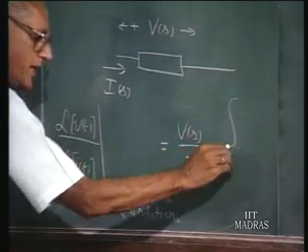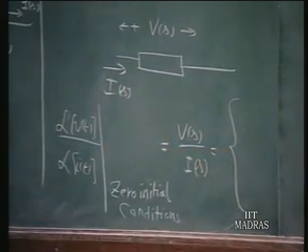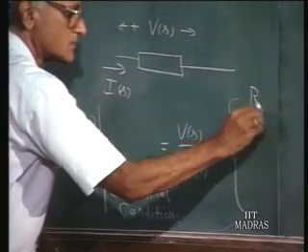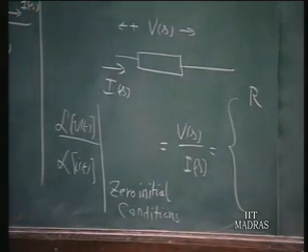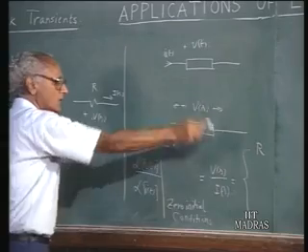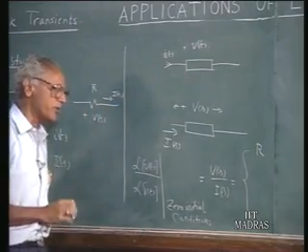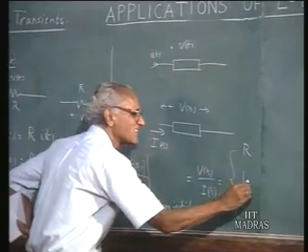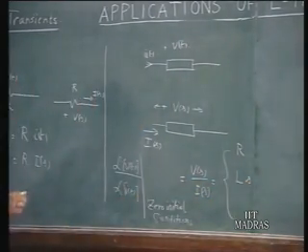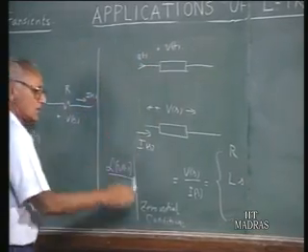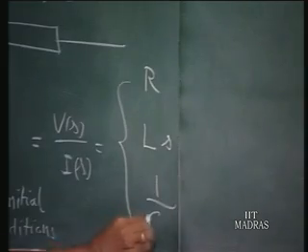This ratio will be equal to R for the case of a resistor. If this box contained a resistor R, V(s) over I(s) is R. If this box represents a pure inductor, this will be Ls. And if this box represents a capacitor, it will be 1 over Cs.